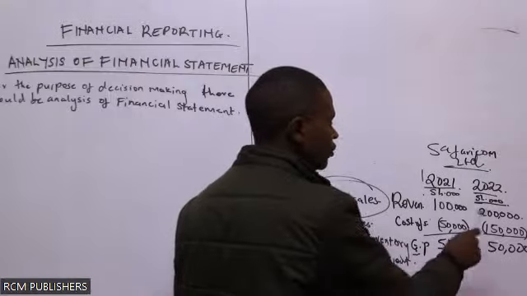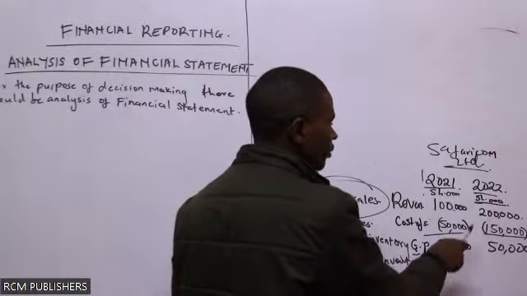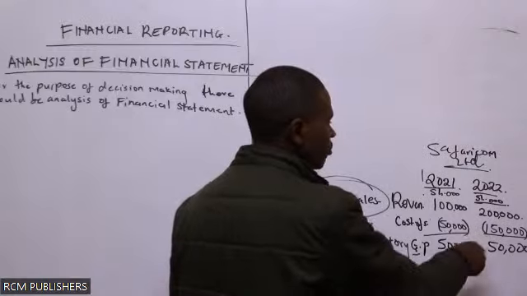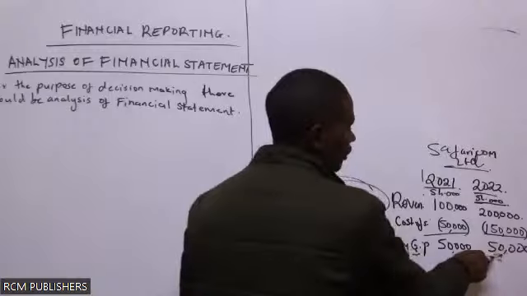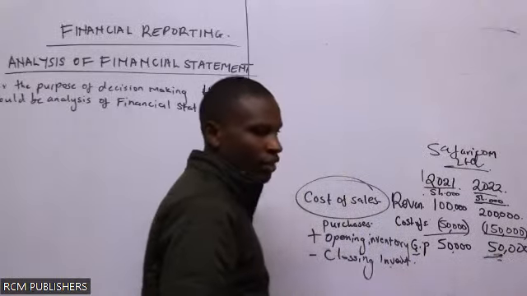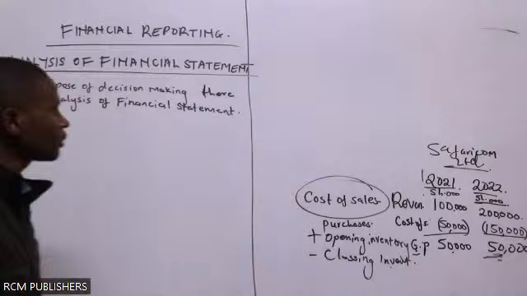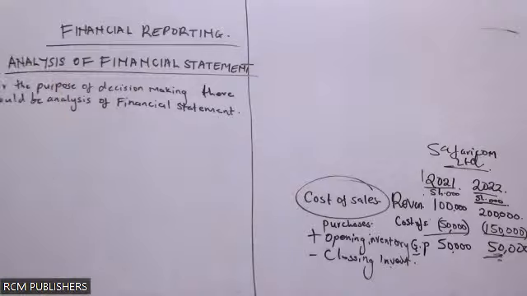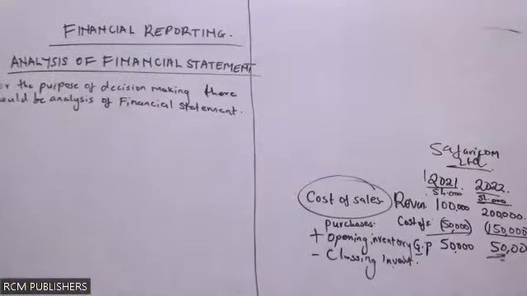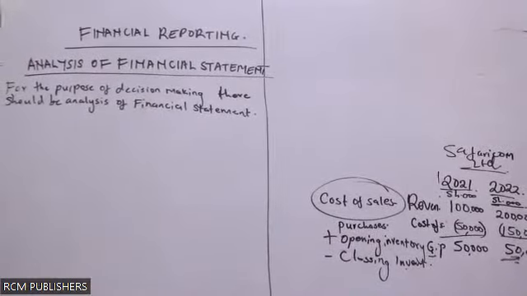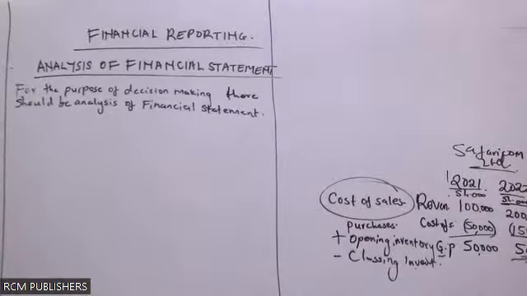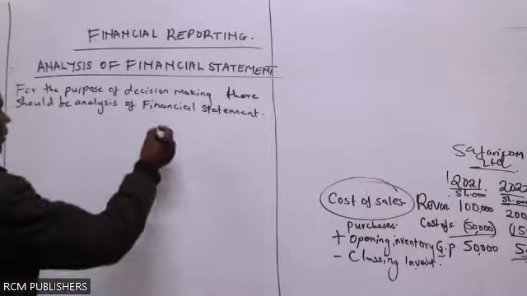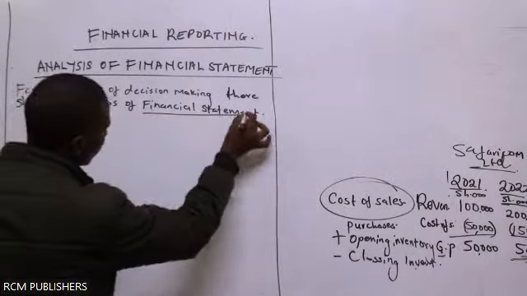If you had reduced your cost of sale by maybe 50,000, you could have got a gross profit of 100,000. So for the purpose of making a decision, we need to analyze the financial statements.